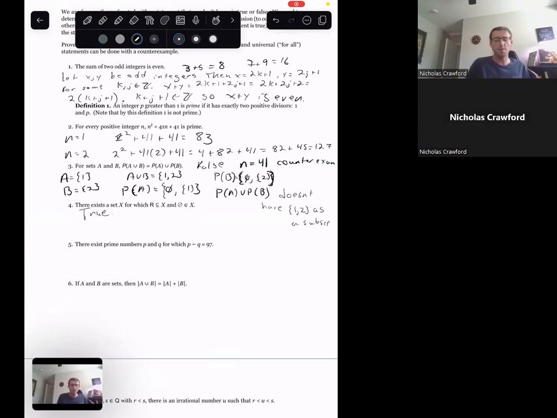And number 4 is slightly different, right? Because it says there exists. So you just have to come up with a set. It says where the real numbers are a subset of it, and the empty set is an element of X. So really all you need is some set with the real numbers and the empty set as a subset.